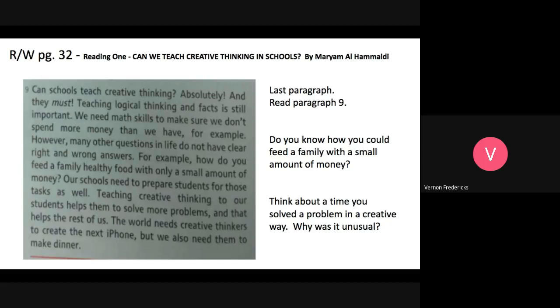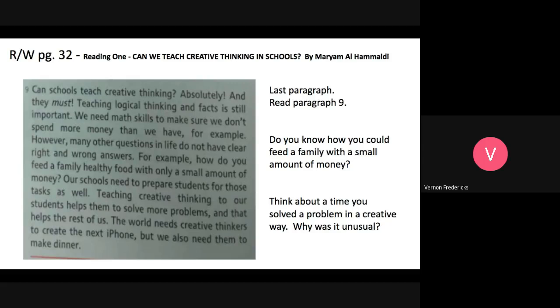We need to learn math, we need to learn English, we need to learn history, but we also need to learn how to be creative thinkers, how to use money, how to save money, how we can start a small business. What can we do to grow our business? What can we do to make sure that our business grows every year? Yeah, these are all ways that creative thinking is helping us in our daily lives.